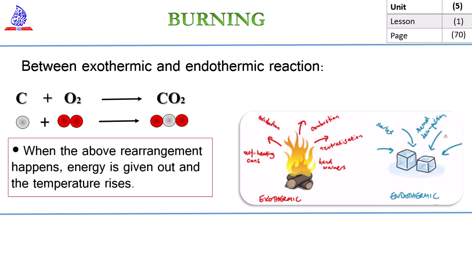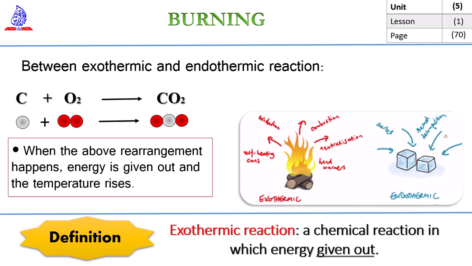Exothermic reaction means the energy is given out from the system to the surroundings. But endothermic means the energy goes from the surroundings to inside the system, and that is very easy for you.